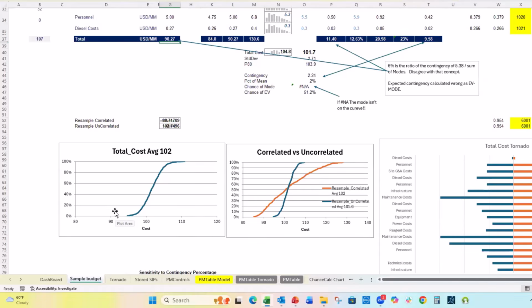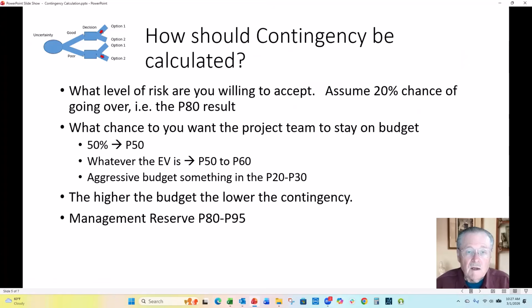So let's come back to this PowerPoint. How should contingency be calculated? What level of risk are you willing to accept? Let's assume 20% chance of going over, i.e. the P80 result. What chance do you want the project team to stay on budget? The 50th percentile would be a P50.